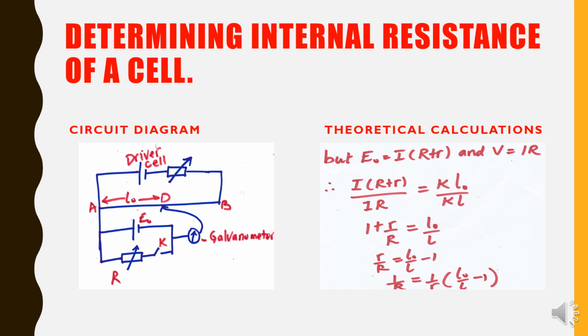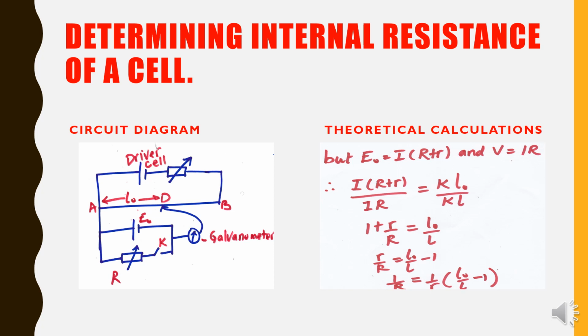Then now set the resistance to some other value, 2, 3, 4, and in each of those cases find the new balance length. So from the right hand side you can see the equations that come up, that if it is E, when the switch was open, we have I is equal to E over R plus small r. When the switch was closed, we have the PD across the resistor, which is V equal to IR. So if you divide that, on the right hand side, we had KL naught over KL.